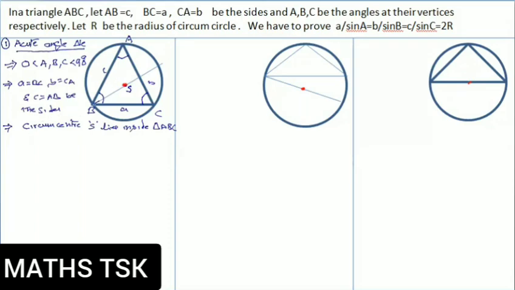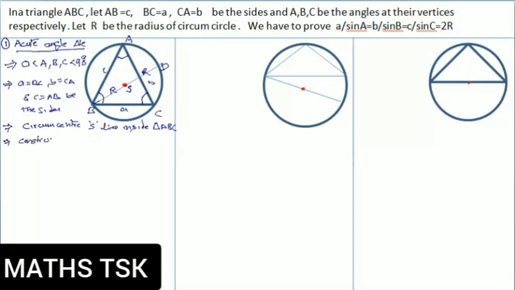Now construct the diameter BD. A line is drawn through B and through the center of the circle, and any line that passes through the center of the circle becomes the diameter. Therefore, if you consider R as the circumradius, the diameter becomes 2R.